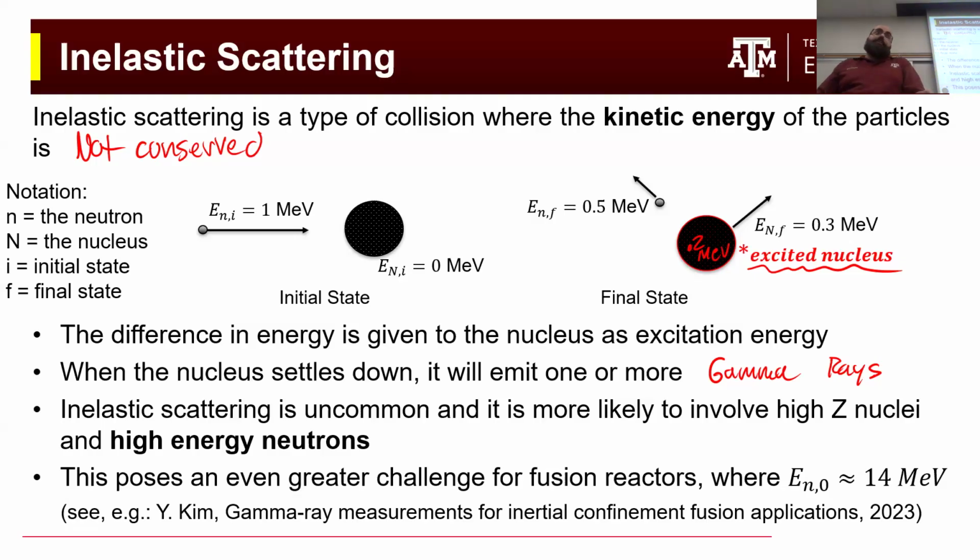And those higher energy neutrons are going to participate in inelastic scattering, which is going to result in them creating very high energy gammas. So the gamma rays that come out of fusion reactions are an even harder challenge, which is just another thing that the fusion people are going to have to figure out. I wouldn't test you on this or anything, but if you're interested in fusion, this is a good paper that talks about some of the challenges of designing these reactors from a shielding perspective.